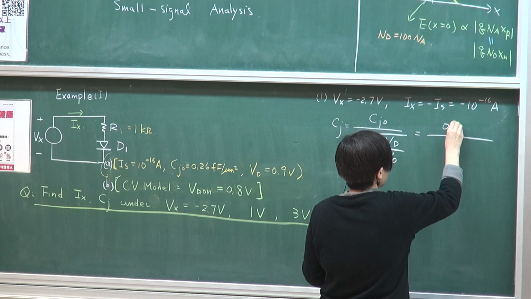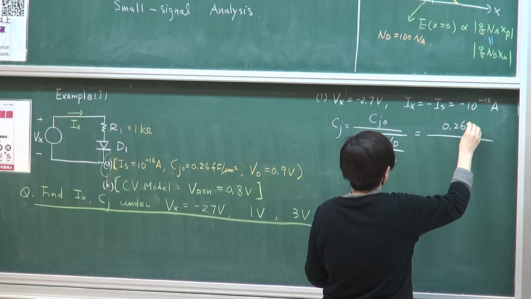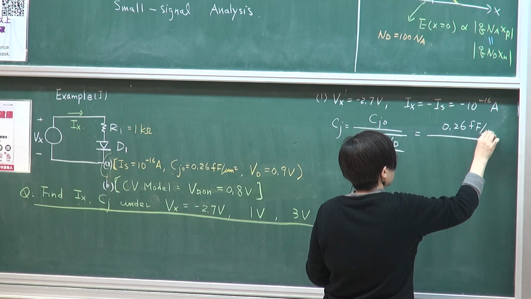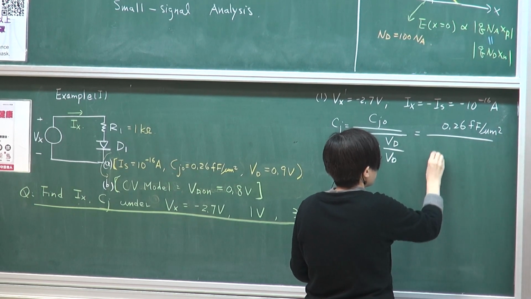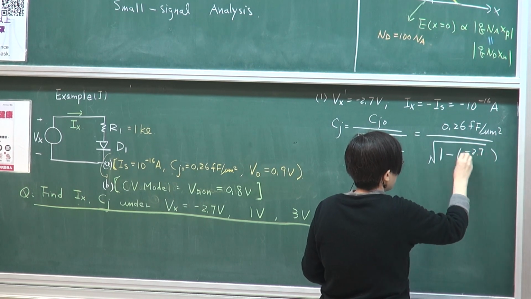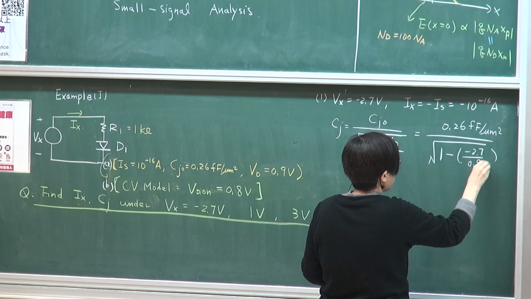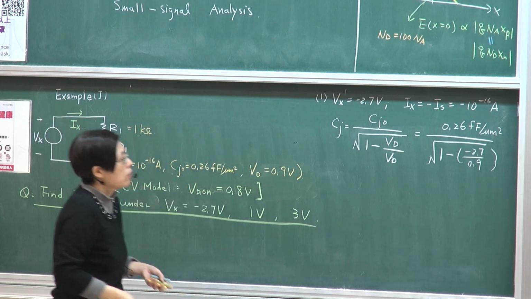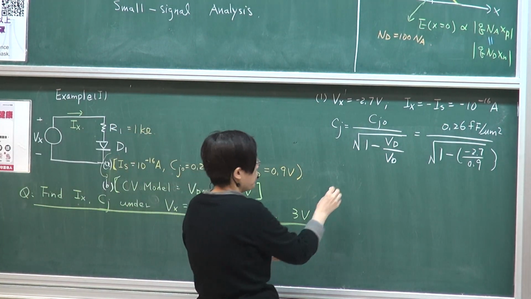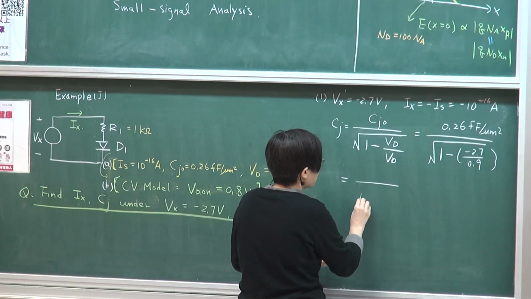So this will give us 0.26 femtofarad per micron. And this will be 1 minus minus 2.7, and we know that the built-in potential is about 0.9. So that will give you about 3.6, so that will be a square root of 4.